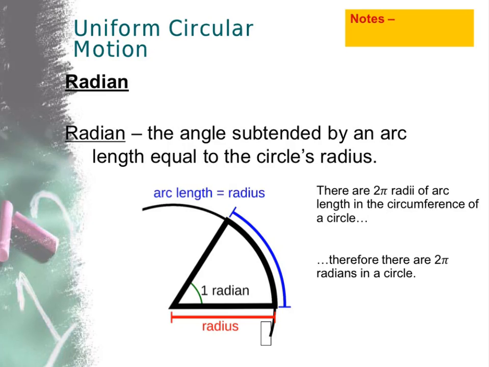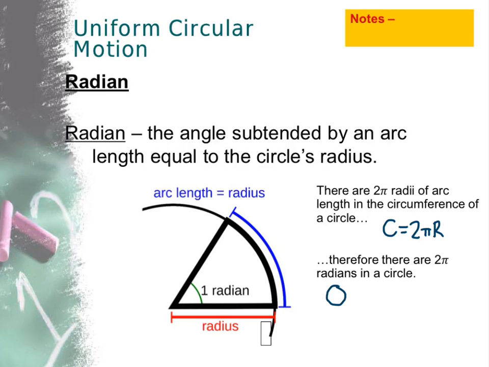Now, in a full circle, you know that the circumference, c, equals 2 pi times the radius. So if you go around a full circle and come back to where you started, you have walked 2 times pi times the radius of the circle. So if there are 2 pi times r meters in an entire circle of circumference, then there are 2 pi radians in the full circle.